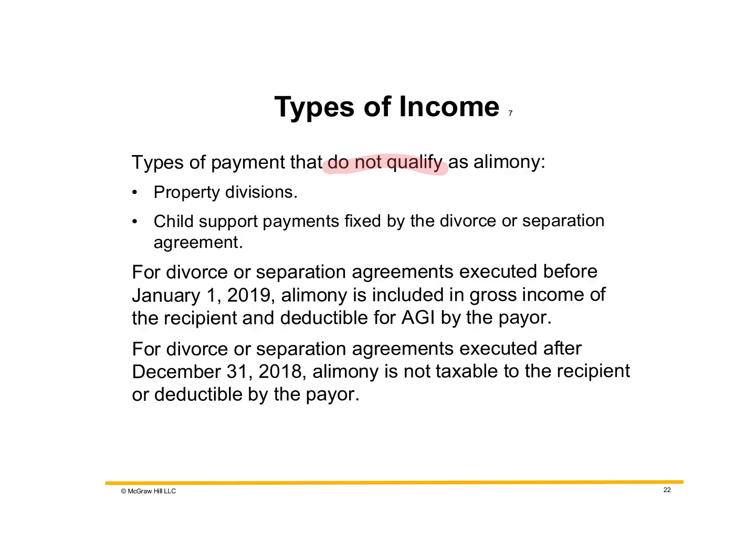So right here on the slide, for divorce or separation agreements executed before January 1st, 2019, alimony is included in gross income of the recipient, and deductible for AGI by the payer.